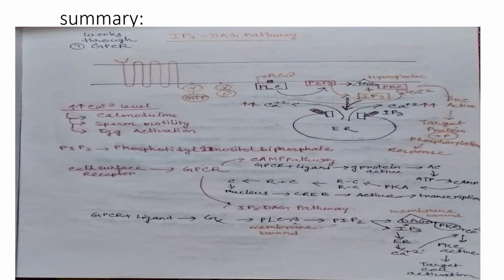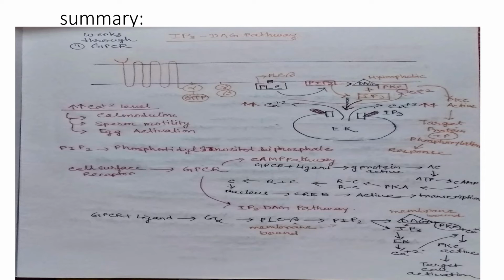Alpha then binds with the PLC, specifically PLC-beta, phospholipase C beta, and activates it. Then this activated PLC-beta acts on PIP2, or phosphatidyl inositol diphosphate, which breaks into two parts. One is hydrophobic and lipophilic DAG, or diacylglycerol, and another one is IP3, which is water loving or hydrophilic.